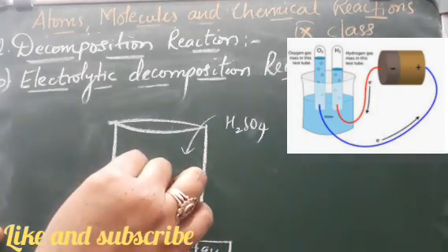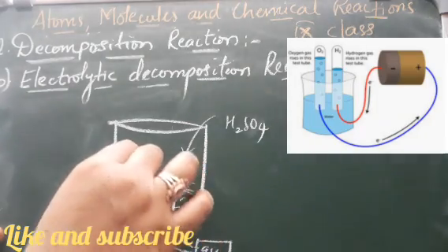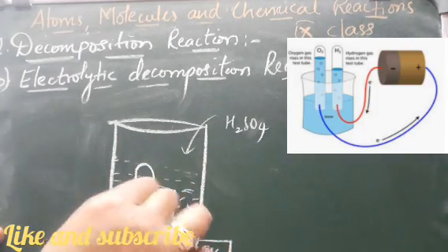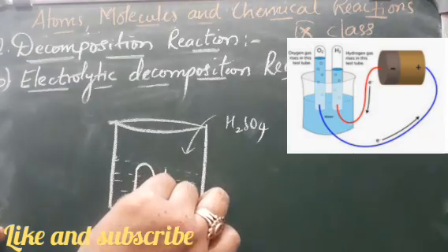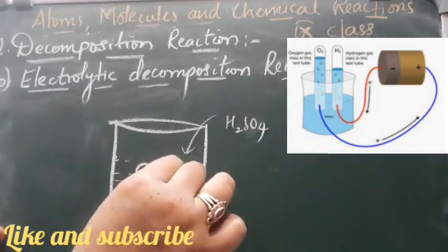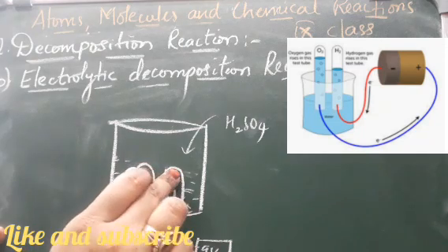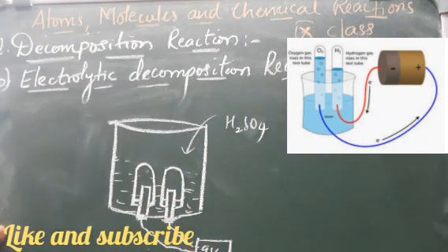Now we are going to insert test tubes over the electrodes, and we will see what happens. The 2 test tubes filled with water are inverted over the 2 graphite rods. Switch on the current and leave the apparatus undisturbed for some time.